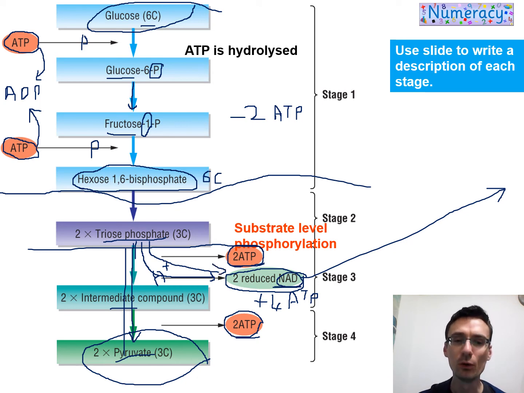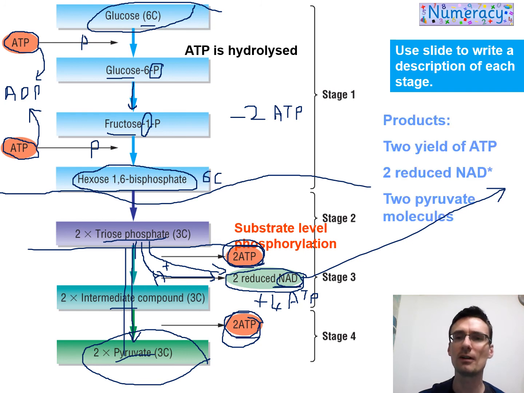But also we've got products of 2 and then 4 ATP. So depending on what question you're asked will depend on what you need to say. So if we were to look at the actual products, this is what we have. Depending on what the question asks you, you need to be quite careful.